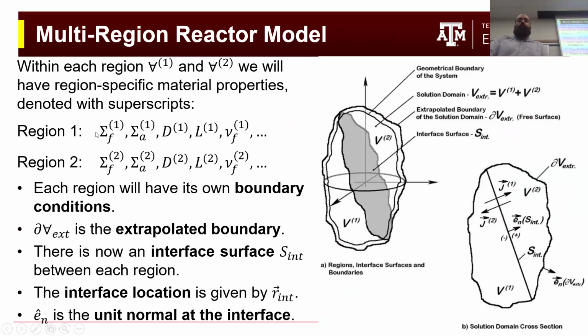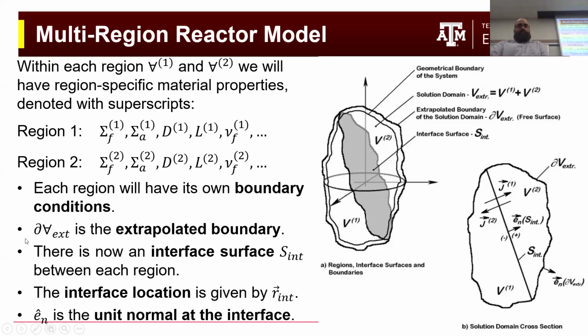And so in region one, I have material properties for that region, and I'm using the superscript one to denote quantities that belong to region one. And then I'm using the superscript two for quantities that involve region two. And then each region is going to have its own boundary conditions, depending on what the problem looks like.